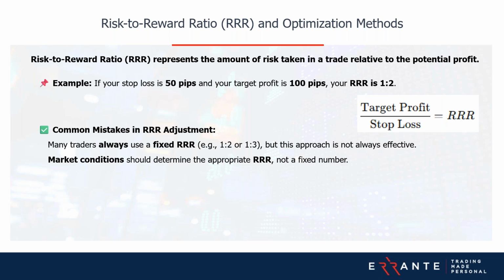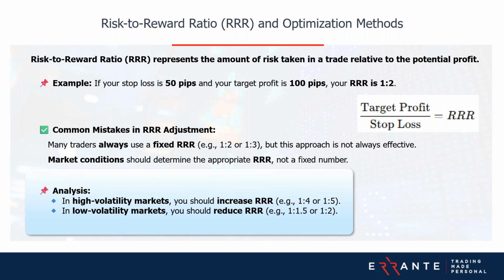A solution we can have here is to adjust our RRR based on market condition. Market condition should determine the appropriate RRR, not a fixed number. So let's break it down further to see how to adjust RRR based on market conditions.